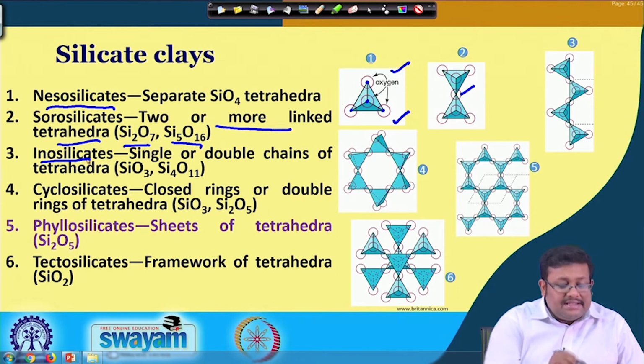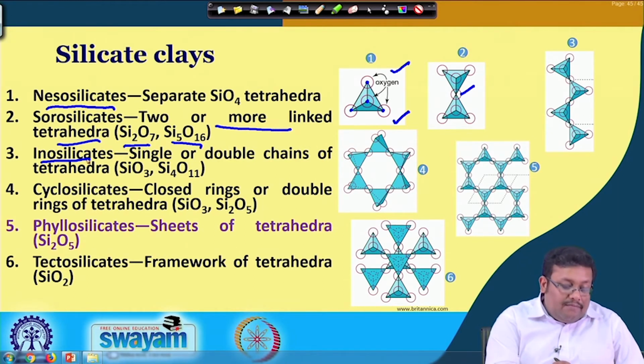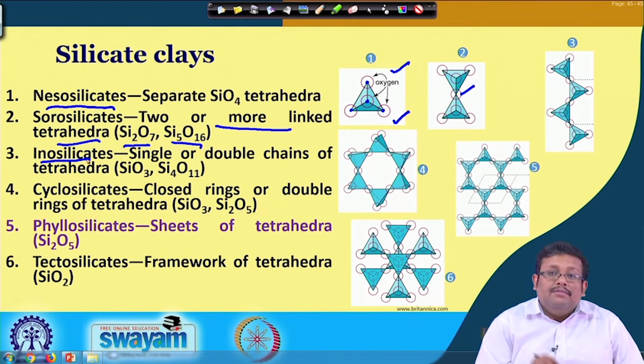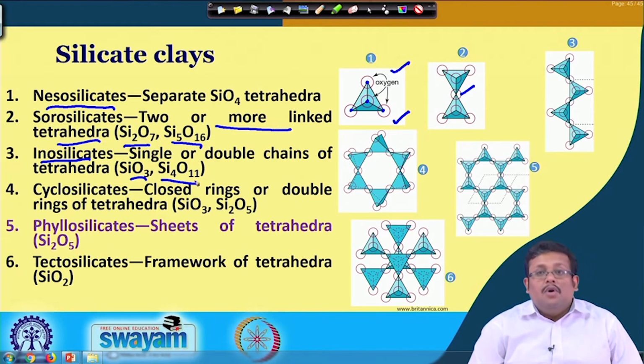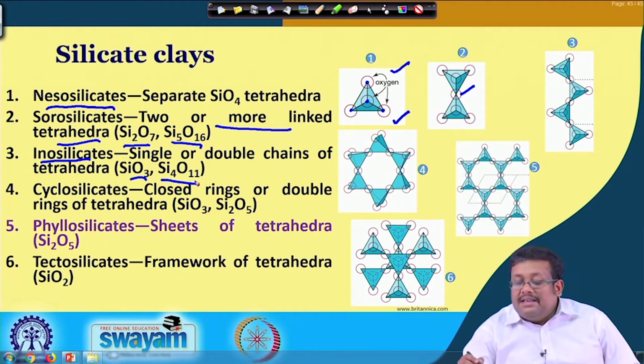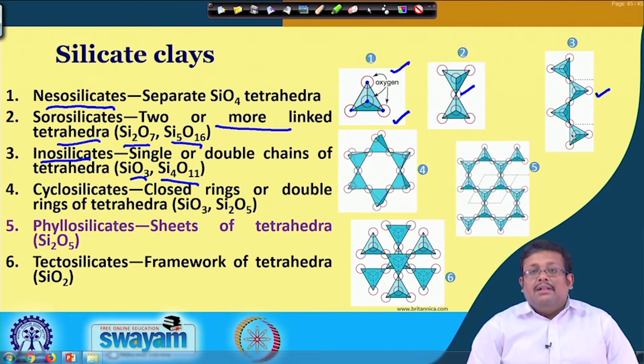Now, inosilicates is basically single or double chains of tetrahedra, and the basic structural unit is either SiO3 or Si4O11. You can see this is an example of inosilicates, which is basically a single chain of tetrahedra formed by sharing their apical oxygen.